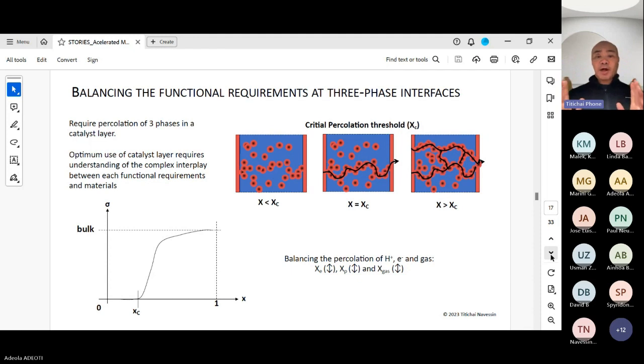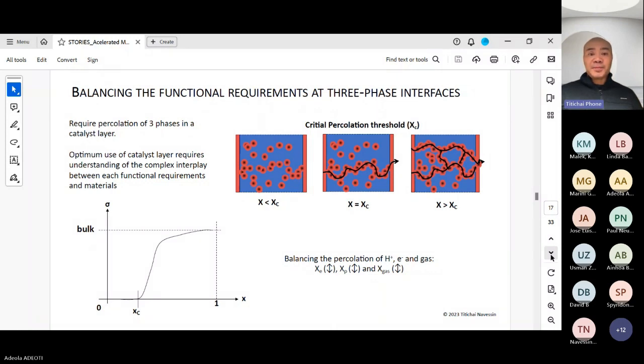So let's say for carbon, when you start adding particles of carbon into the box, you have no conduction until you reach a critical point. That's xc. And then the conductivity goes up as a function of volume fraction until you reach the bulk phase. And you have to do that with the 3 phases.